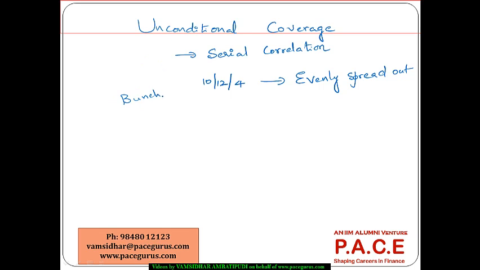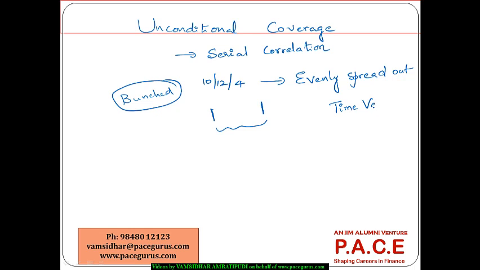There is a very high possibility that in the real world, the exceptions could be very much bunched up. In the last 1 month, there could be more exceptions. They are not evenly spread out, but they are more and more bunched up. So this is where we are talking of conditioning, or based on a time variation.